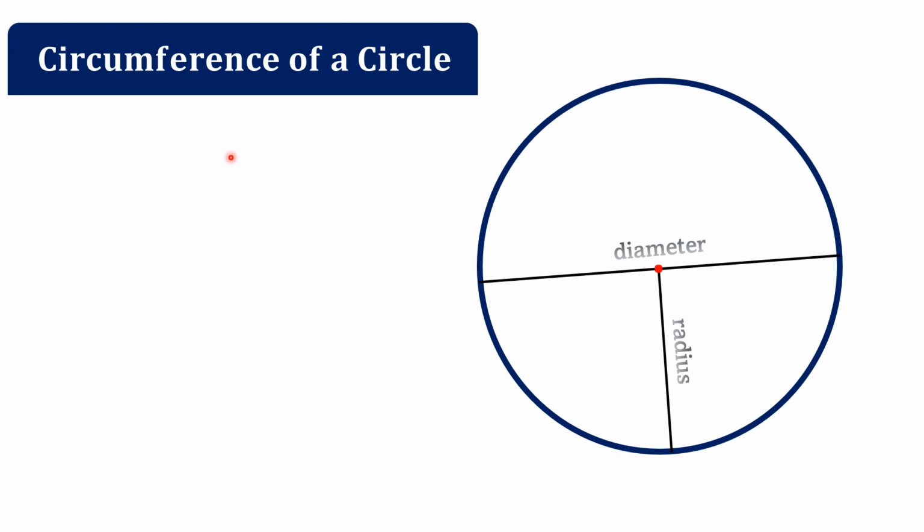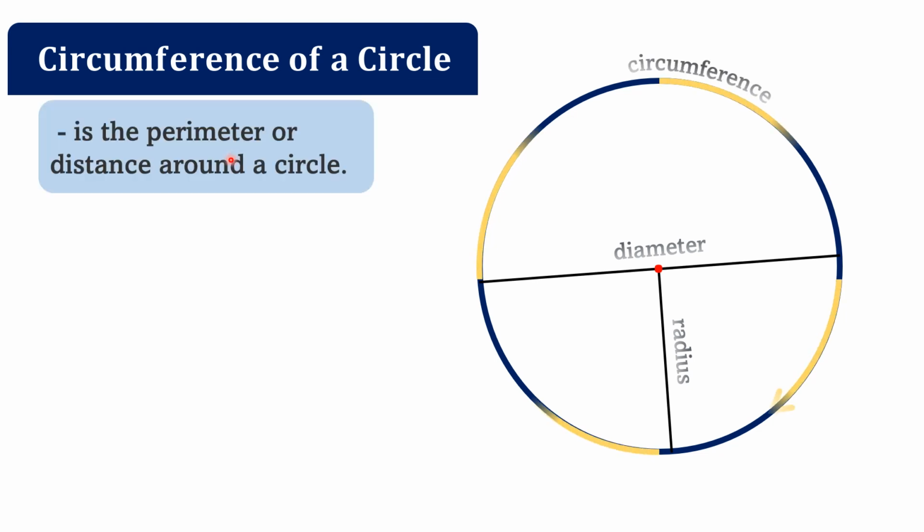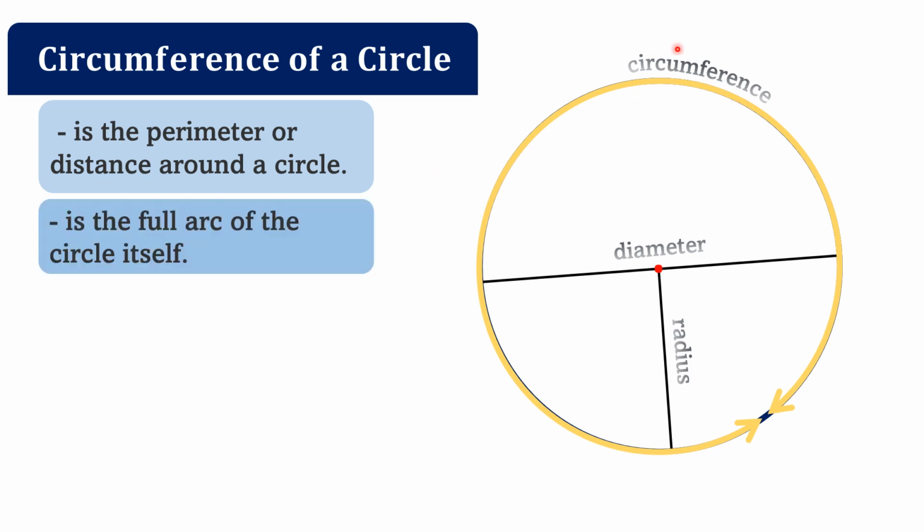Circumference of a circle. It is the perimeter or distance around a circle. It is the full arc of the circle itself.